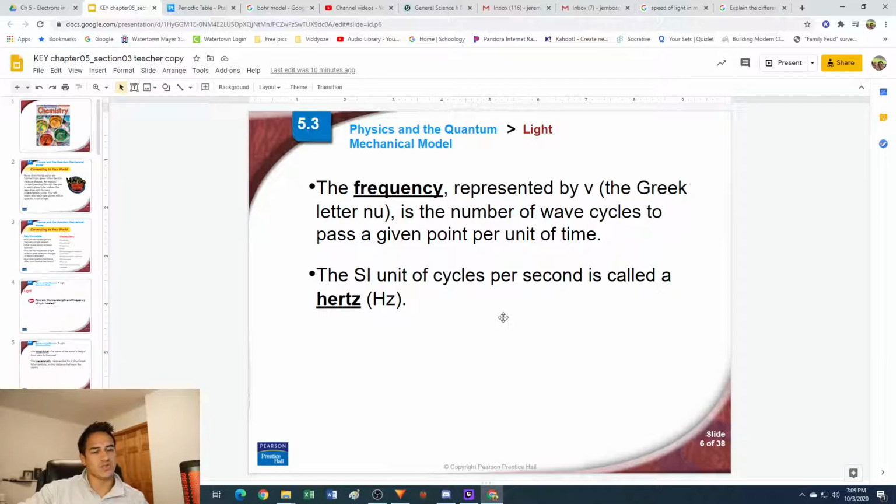You have frequency, which is how many waves come by every second. So high frequency means that there are lots of waves that are all coming by. So it's like this, up and down, up and down. You have all these waves that are coming by really quickly, versus a low frequency means you have one wave, and then another wave comes by later, and then another comes by later.